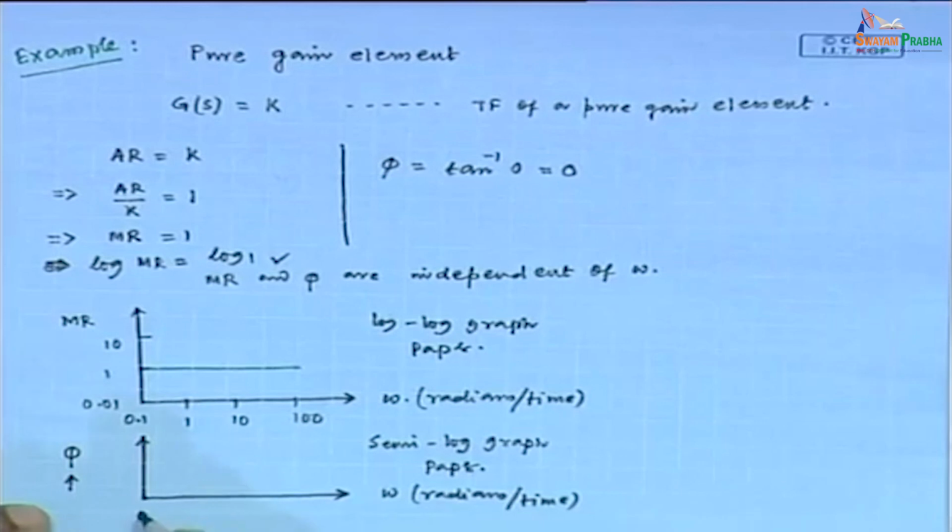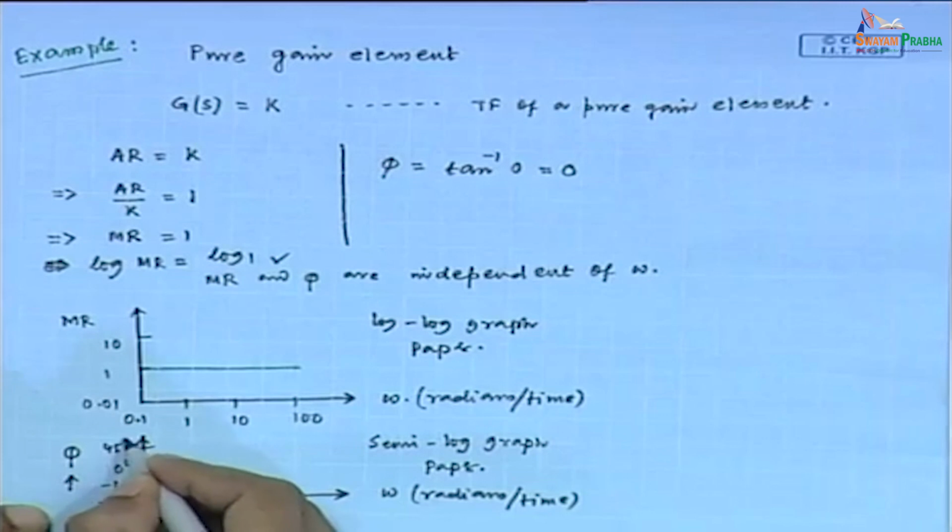So, first we will consider the axis. This is suppose 0 degree, this is minus 45 degree, this is minus 90, this is 45 degree.